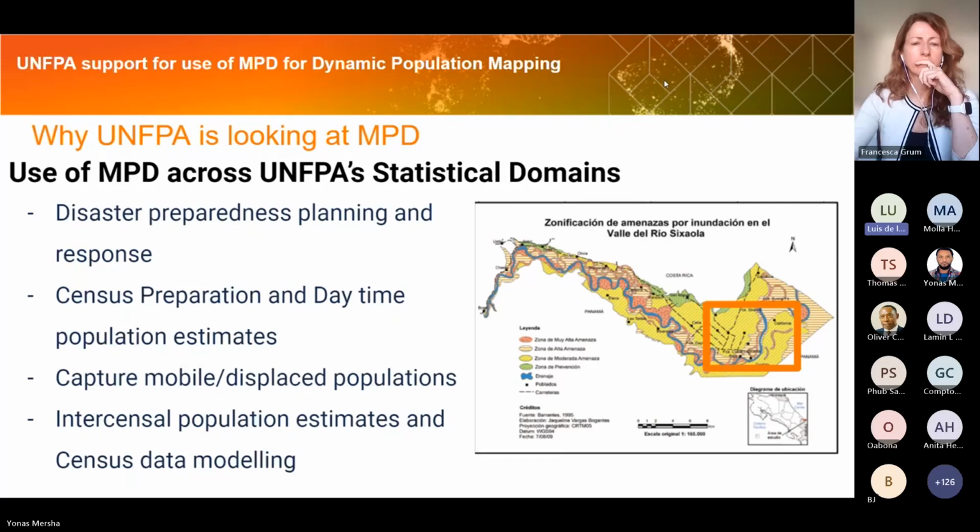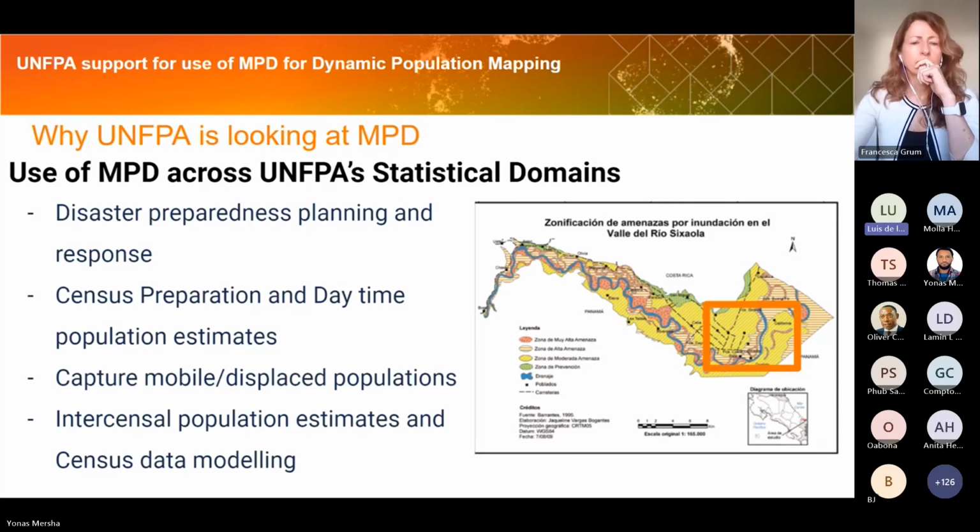So with this current scenario, after evaluating the 2020 census round, this is the way UNFPA is looking now at mobile phone data. What are the potential uses we could be using mobile phone data for?